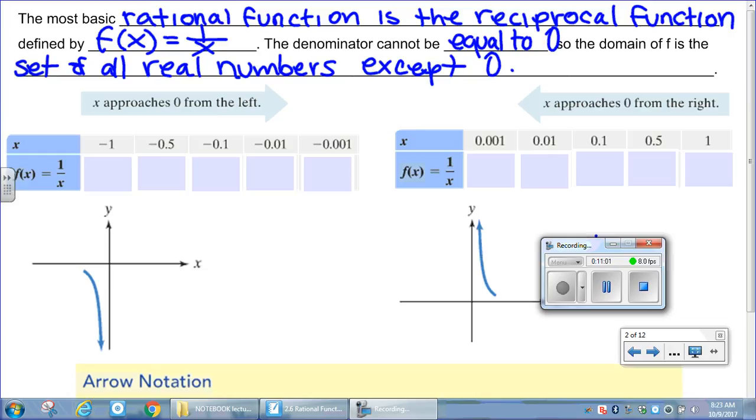And that is the same graph that we graphed on the previous slide. And let's see what will happen if we get closer to 0. When I say closer to 0, think about 0 could be here.